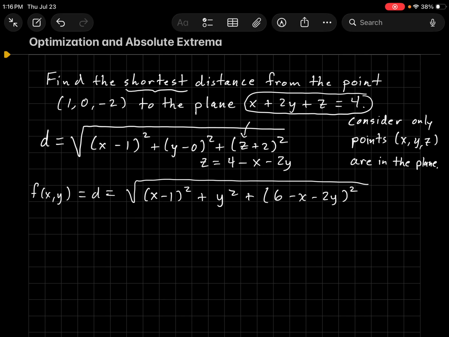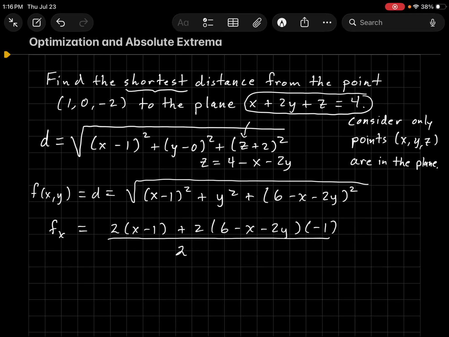And now let's find some partial derivatives. We'll do the partial with respect to x. This is going to give us 2 times (x - 1) plus 2 times (6 - x - 2y), and then times the chain rule factor of -1, all over 2 times the square root thing. So I'll just put down 2d.